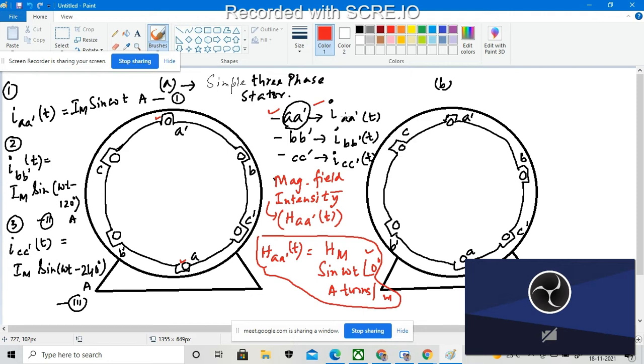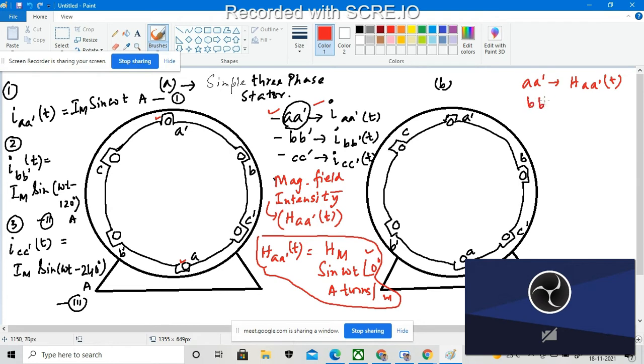Now if I draw the vector representation of this magnetic field intensity, how are we representing it in this particular stator? We know that it's a simple three phase stator, and we will draw vector representations for it. For the coil A dash, we consider the magnetic field intensity H of A dash at a certain instant of time t.